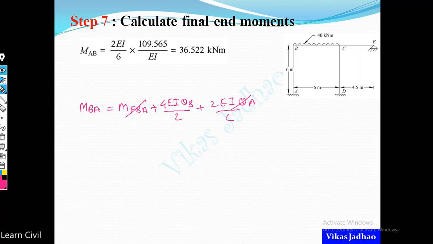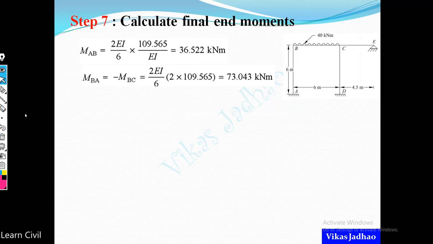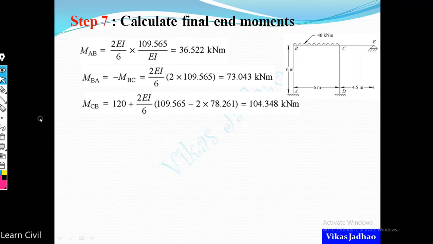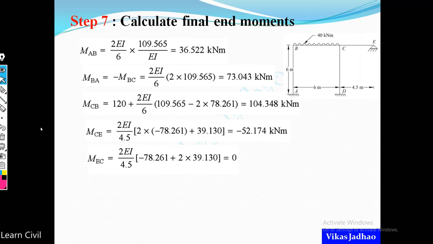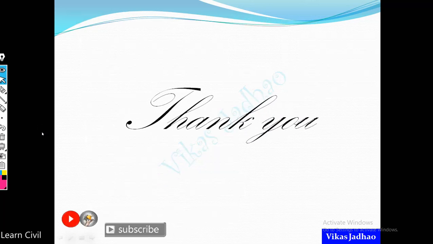Therefore MBA is equal to twice EI theta B divided by L, that is equal to 73.043. Similarly, we can find out the values for MCB, MCE, MEC, MCD and MDC using the slope deflection equation. Thank you.